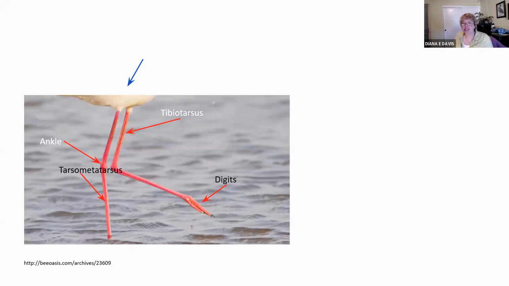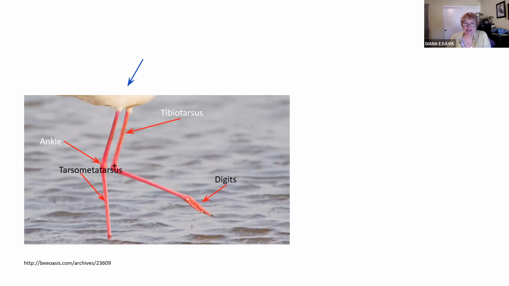The tibiotarsus is the equivalent of, so this is my lower leg here. It's the equivalent to this bone. Excuse the sweatpants. So it's what appears to be the top part of the leg in a live bird.